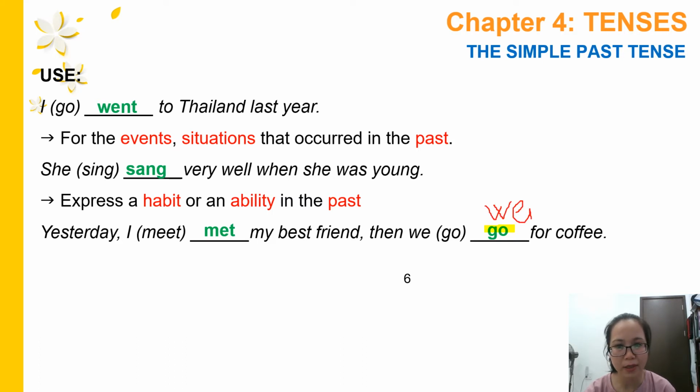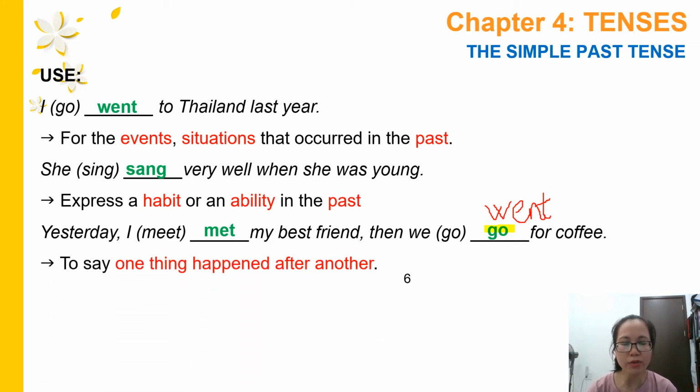That's right. We went for coffee. Make sure to use the right form of the verbs. So what do we use it here for, guys? We use it to talk about something that happened after another in the past. Is that okay, guys?